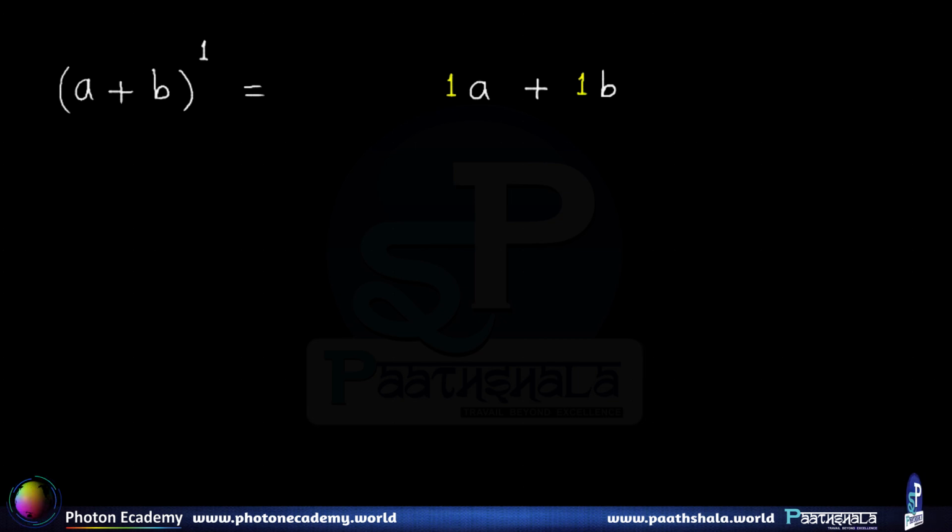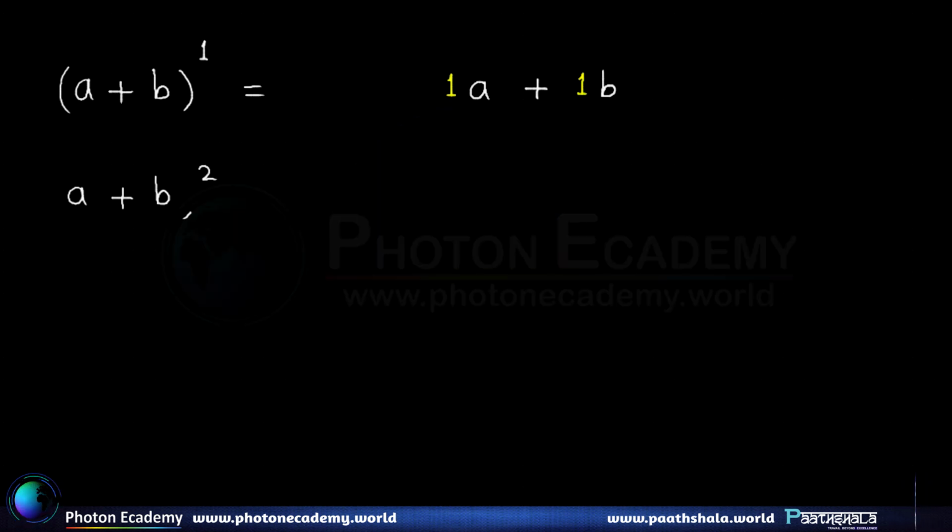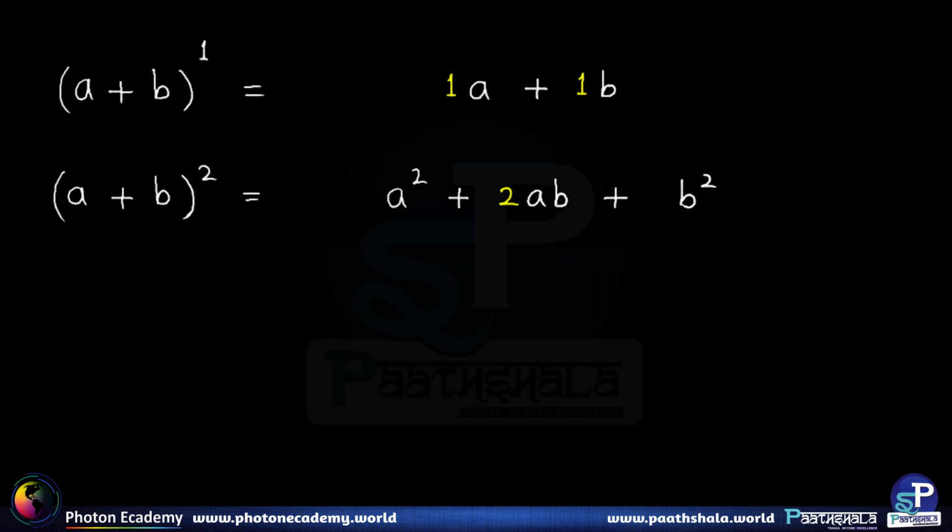Good. Let's move ahead with (a plus b) the whole square. This we know as a square plus 2ab plus b square. So here the coefficients of a square and b square are 1 and 1 respectively.